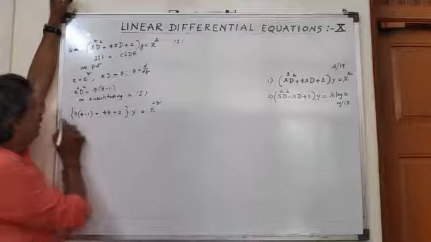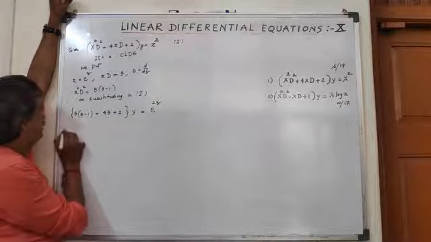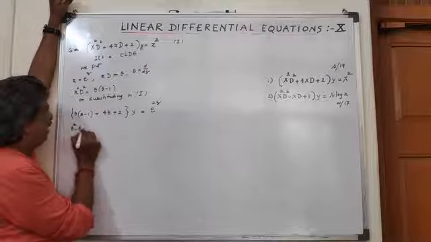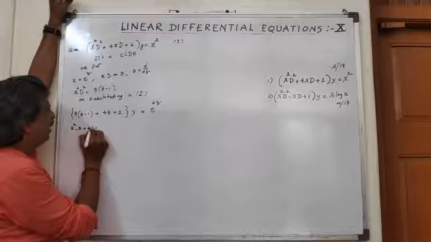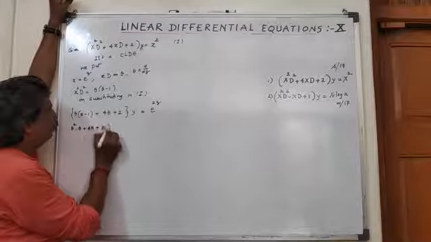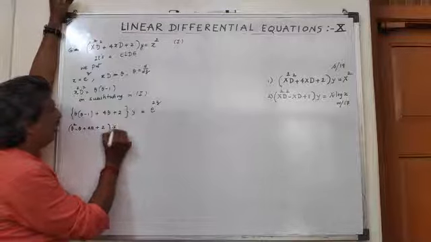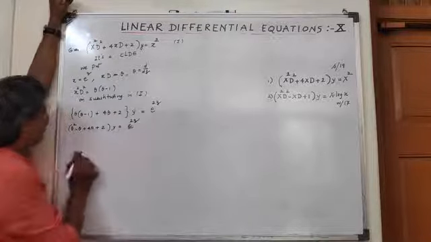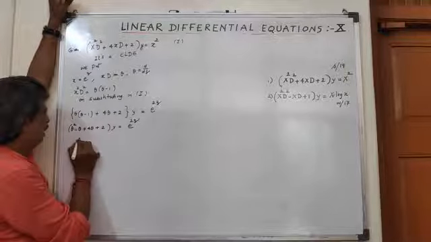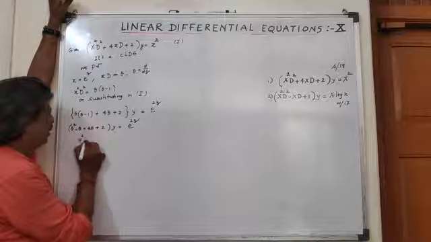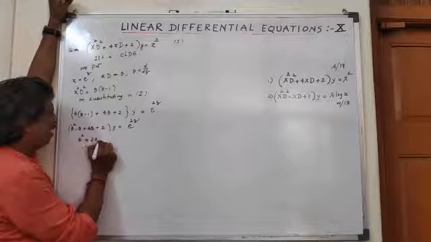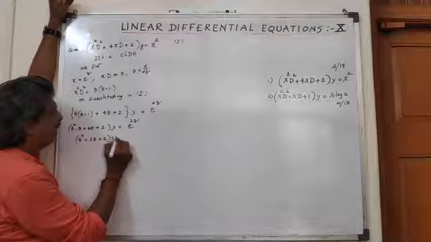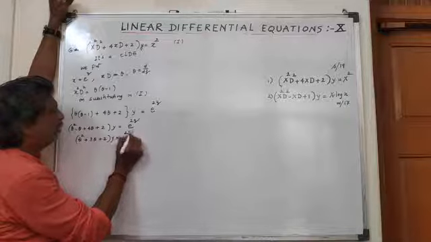So this is equal to theta square minus theta plus 4 theta plus 2 operating on y is equal to e raised to power 2z. Therefore, theta square plus 3 theta plus 2 operating on y is equal to e raised to power 2z.